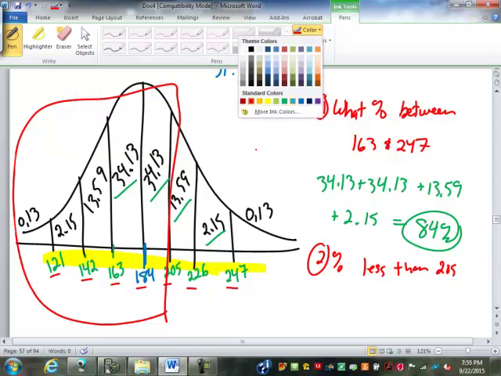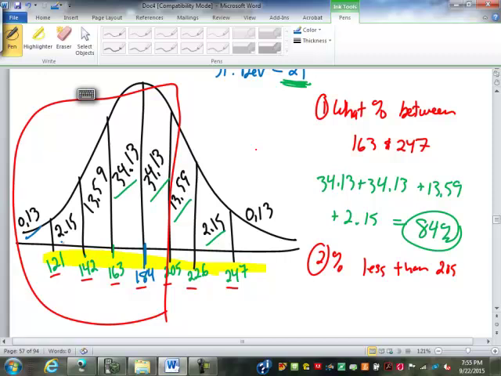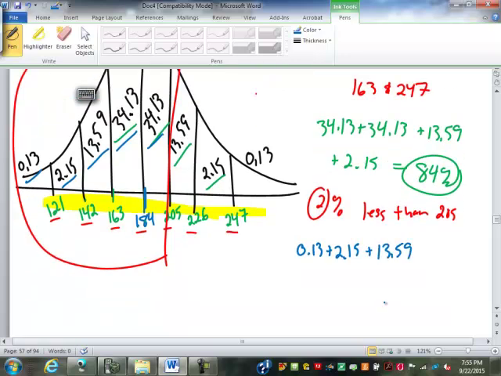So I'd have to add those numbers up. 0.13, 2.15, 13.59, 34.13, 34.13. So 0.13, 2.15, 13 plus 0.59, plus 34.13 plus 34.13. That should add up, looks like 84.13%.